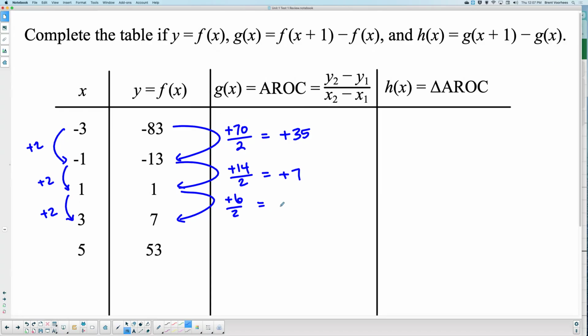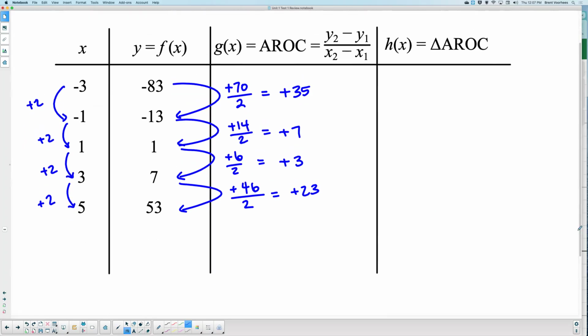So it's 6 divided by 2, which is 3. Okay, one more time. From 7 to 53, plus 46 divided by 2. 46 divided by 2 is 23.